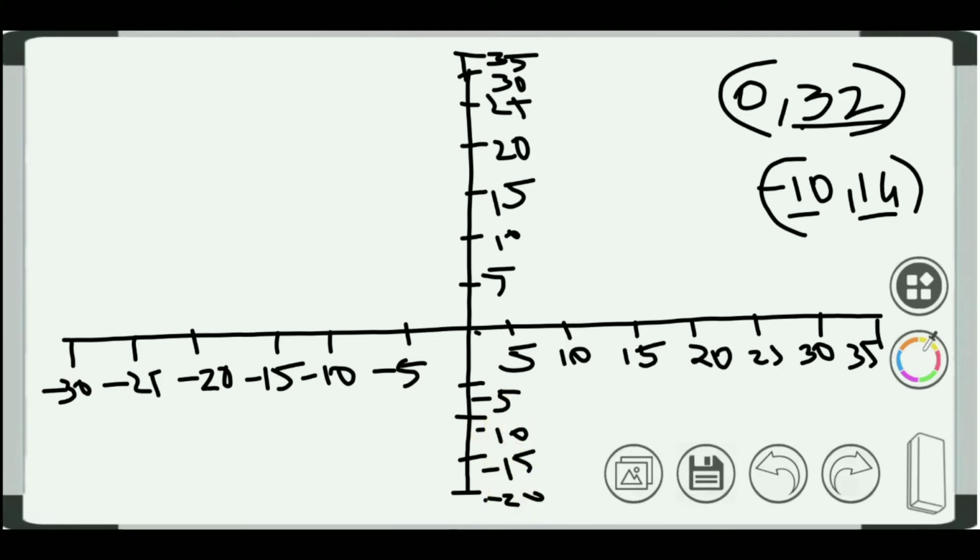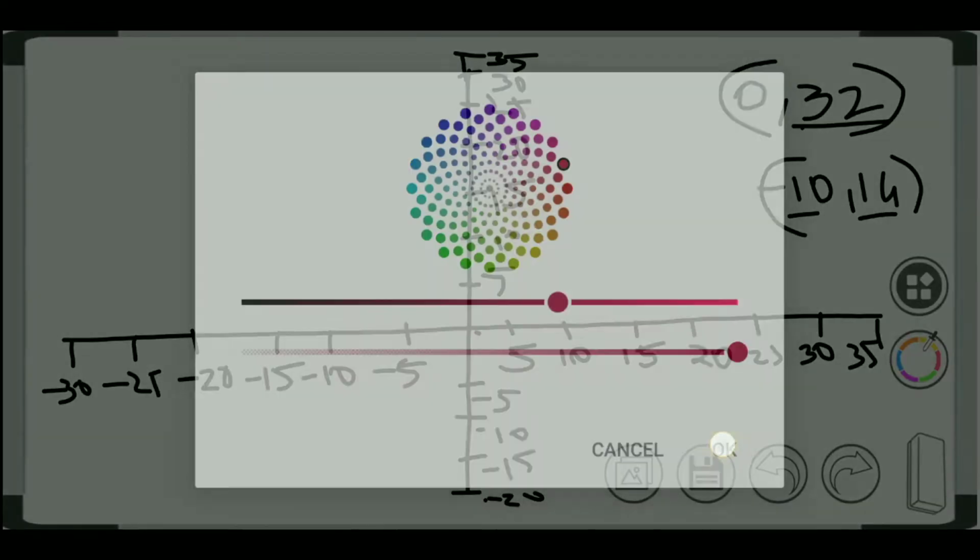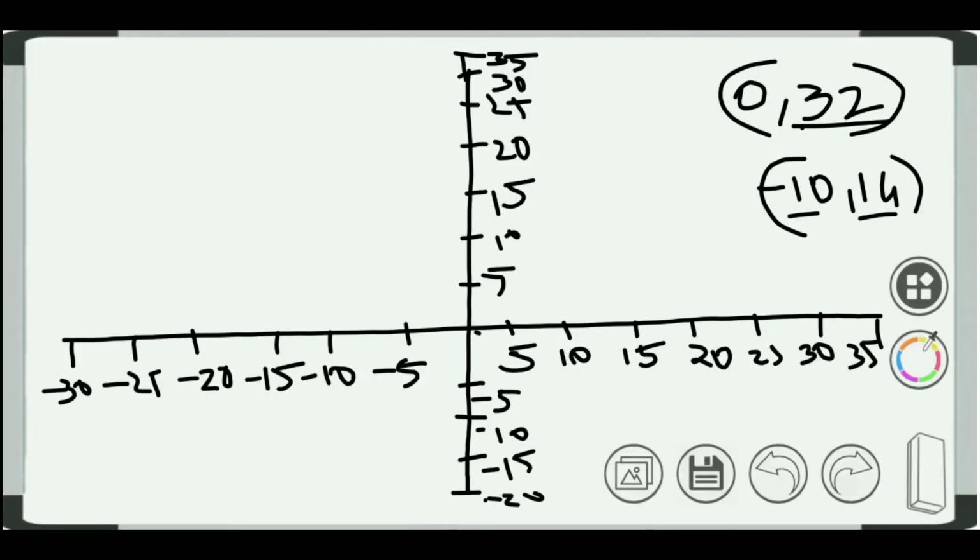So our first point is 0, 32. 32 in the y-axis. So this is your y-axis. 32 will be somewhat between 30 and 35, somewhat here. So this is your first point, 0, 32.